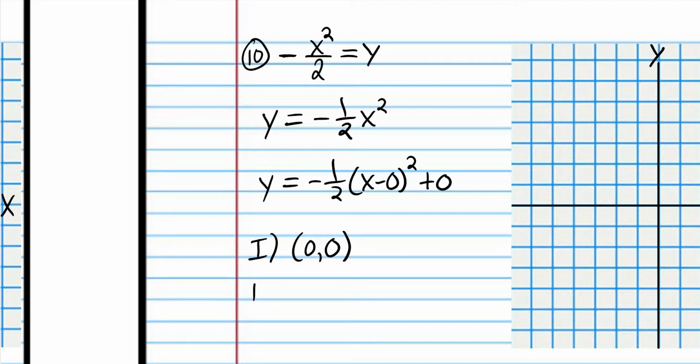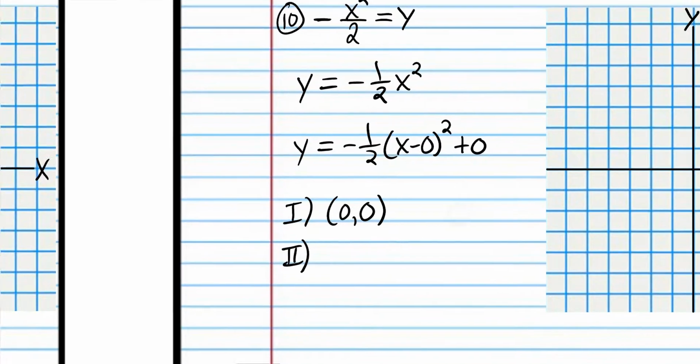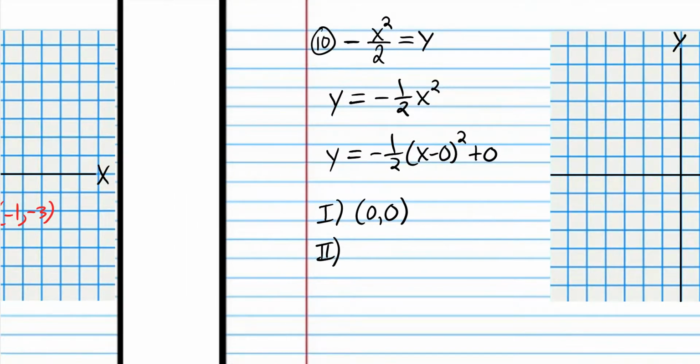And now we just need a couple more points, so I'm going to try plugging in 2. It depends on what values you use. I'm going to try to use the easiest values to compute. So we plug in 2, then we have negative 2 squared over 2.